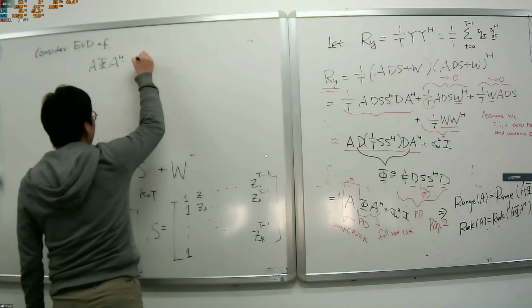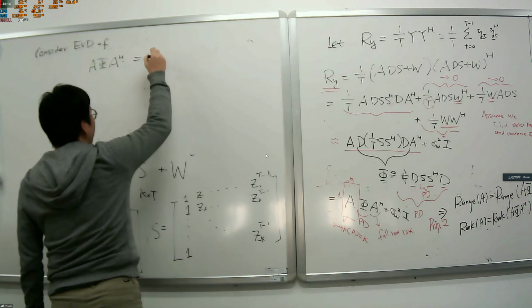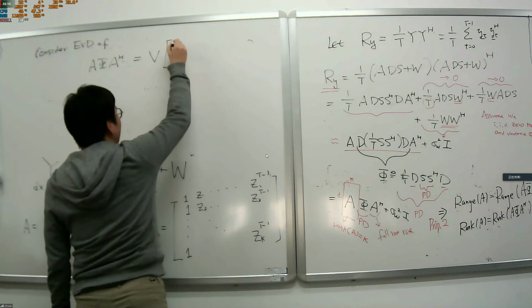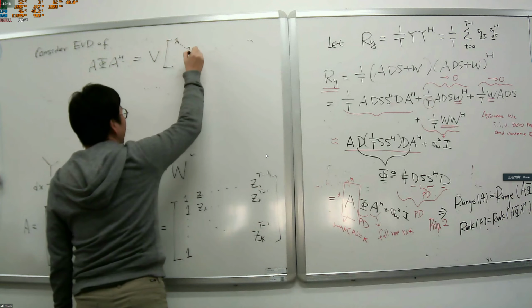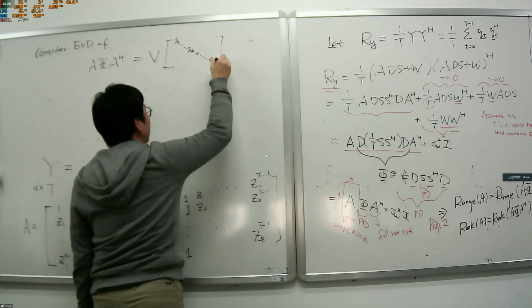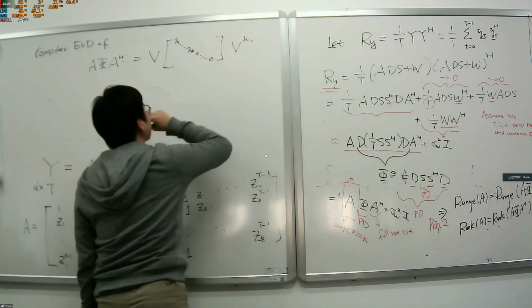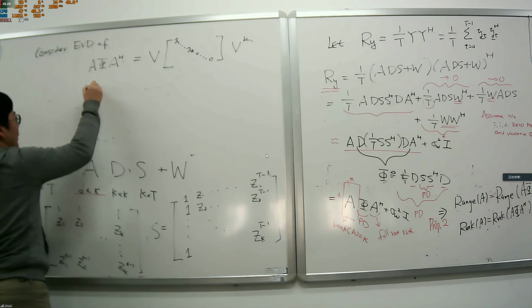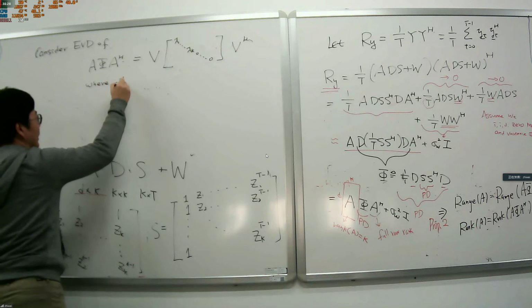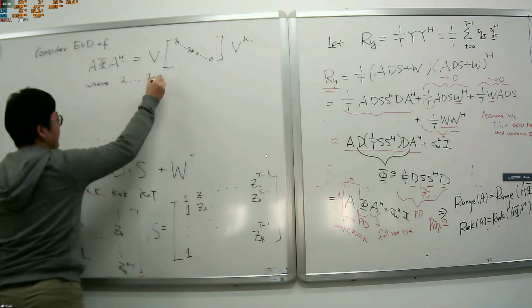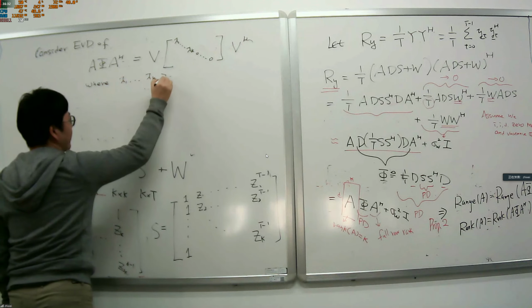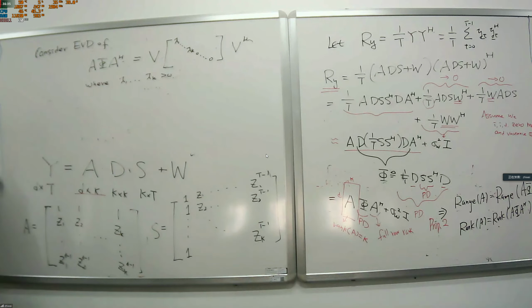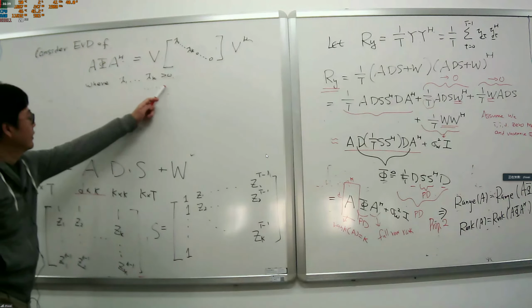So it can be written as B diag(lambda 1 to lambda K, 0, 0, 0) B Hermitian, where lambda 1 to lambda K are actually positive, because you know its rank is K, K non-zero eigenvalues.